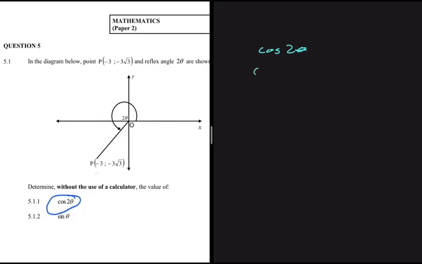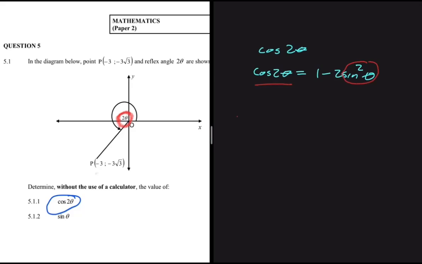I'm just going to say that cos of 2 theta is equal to 1 minus 2 sine of theta squared. So if I find sine of theta, then it will be easy to find cos of 2 theta. But when I looked at the question again, I realized that the reflex angle itself is 2 theta. So for 5.1.1, I don't have to use a double angle identity.